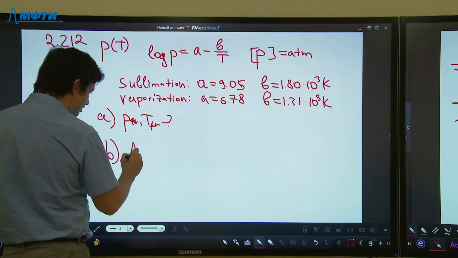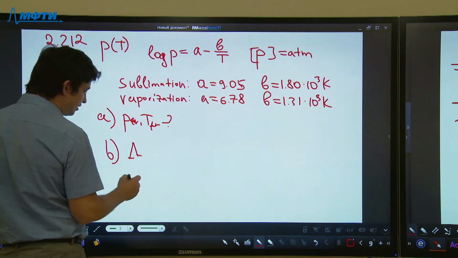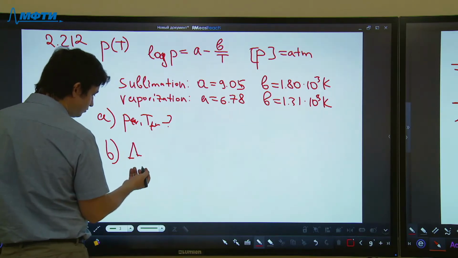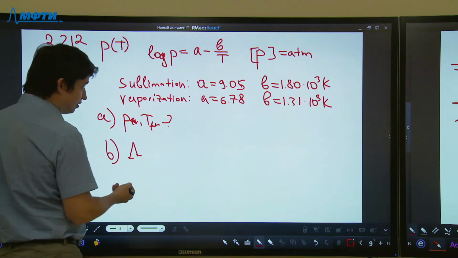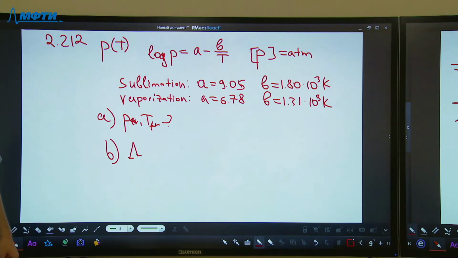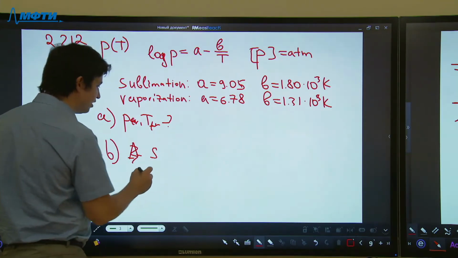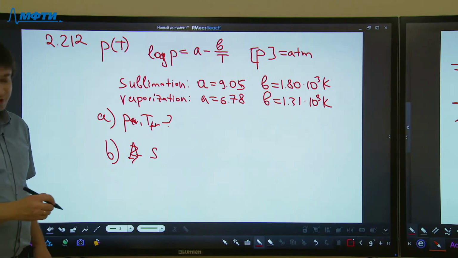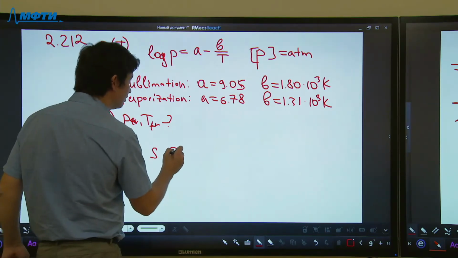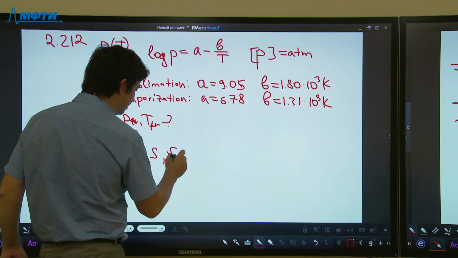Let's say this would be the latent heat of sublimation, so for sublimation we have small s as the latent heat. For vaporization, V, okay, V is also occupied, nevertheless.